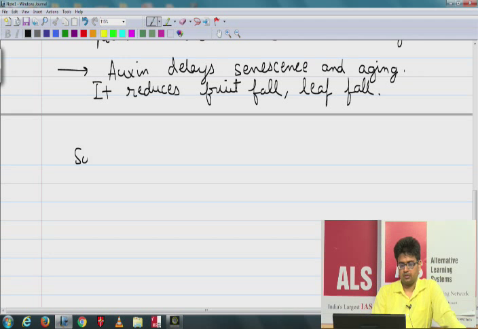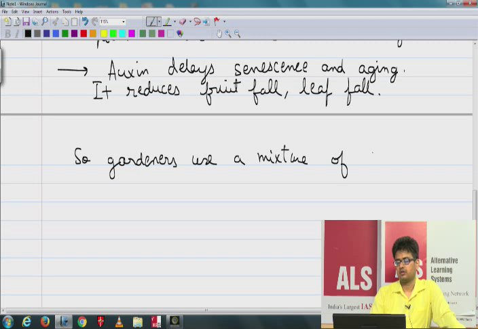So gardeners use a mixture of auxin and cytokinin to reduce premature fruit fall.